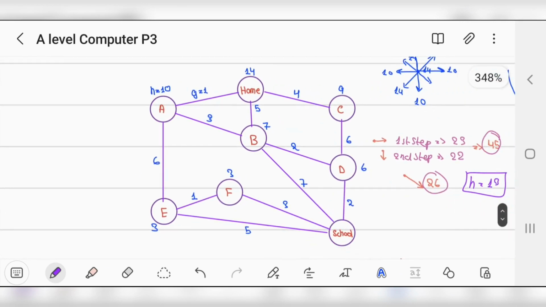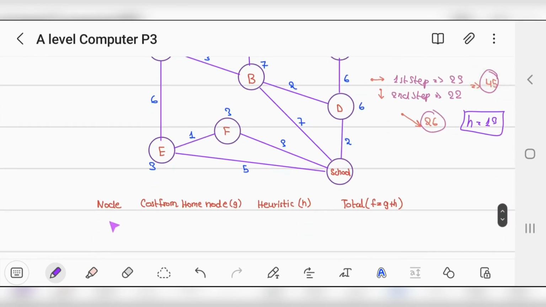These are the labels: the node number, the cost from home to this node, which is G, and the heuristic value, and the total.